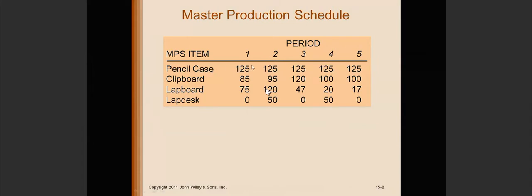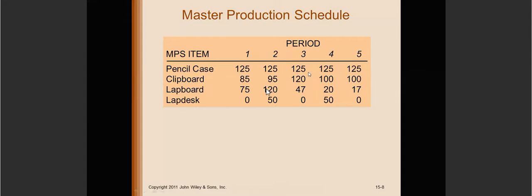For the pencil case, for example, in period 1 we have 125, also in periods 2, 3, 4, and 5. And for the lapboard, we have 75 units for period 1, 120 units in period 2, 47 units in period 3, 20 units in period 4, and 70 units in period 5.